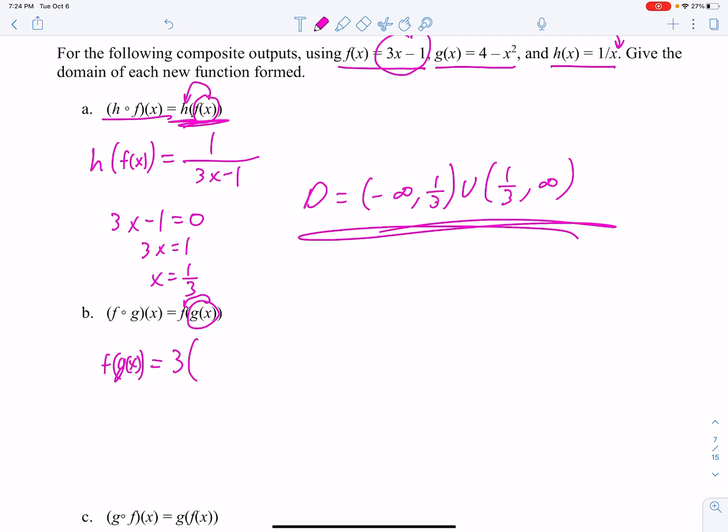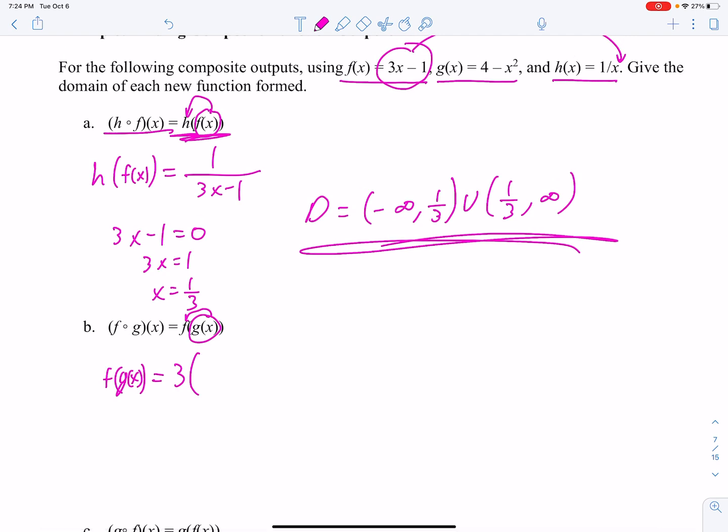So where the x is in the f function, we're going to replace it with the g function, which is 4 minus x squared, and then minus 1 to finish off the f function. And we're going to distribute the 3. So that's 12 minus 3x squared minus 1. We can combine the 12 and the negative 1. They're like terms. So this gives us 11 minus 3x squared.